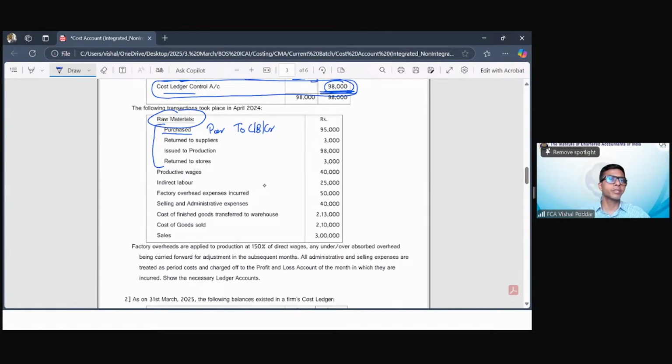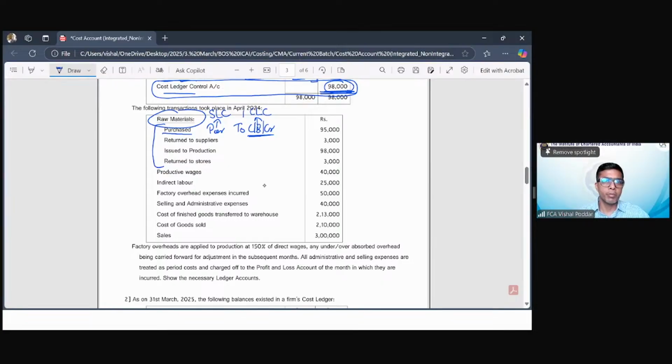Now we have to simply substitute the names. Here for purchases, we have the stores ledger control account, which represents the material. So it will be representing the purchase. And had this method been integrated, I would have used the same account heads. But since this method is non-integrated, I will use the account head which represents these accounts. So it is CLC.